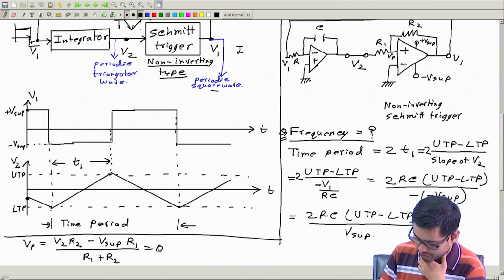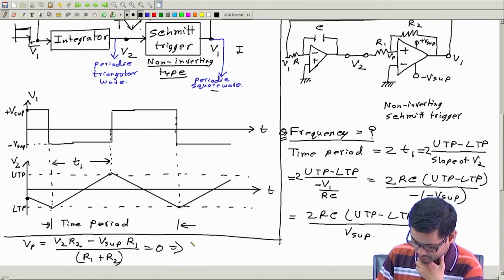This should be equal to 0 for the output to change. You can ignore the denominator, so the numerator should be 0. So V2 required should be V supply R1 by R2.